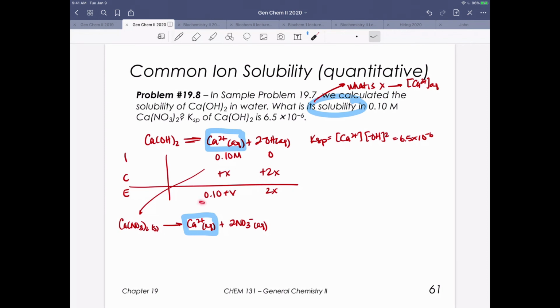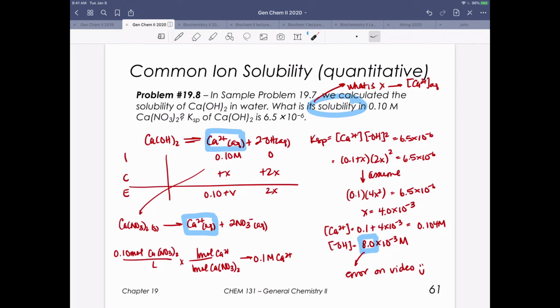So now that we know what these values are, and again, they give us the Ksp, how do we go ahead and solve for x there? So what we're going to do is the same type of thing that we did in previous problems where we wanted to simplify our algebra. Again, we've got 0.1 plus x and then the quantity 2x squared.